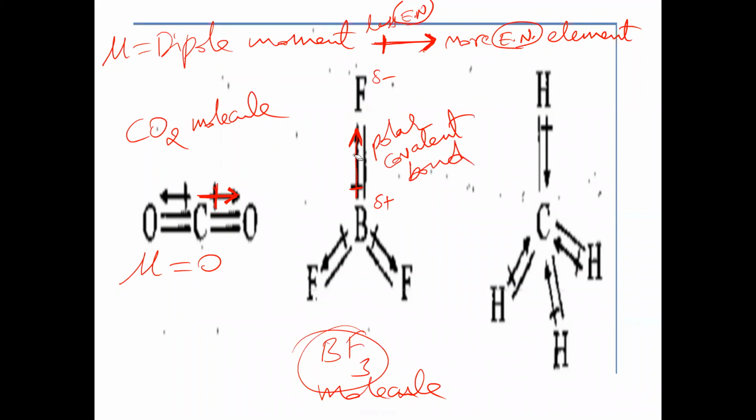Now in each polar covalent bond, the dipole moment is towards fluorine. This is the bond moment, the dipole moment of this polar covalent bond. How many bond moments are there here? 3 bond moments. Because of these two bond moments, the effective bond moment will be downwards here.